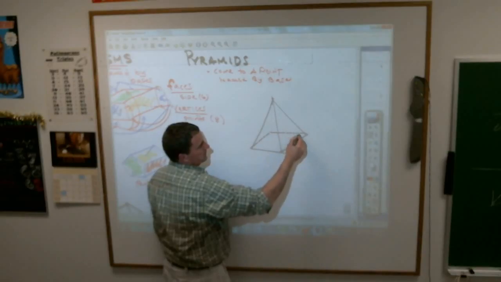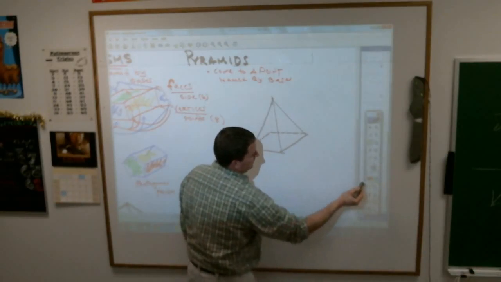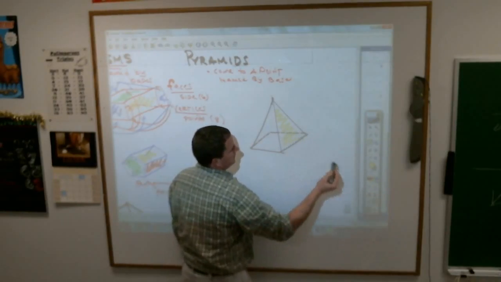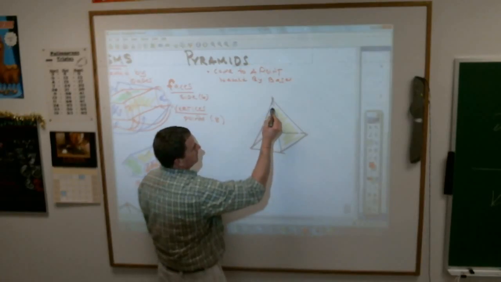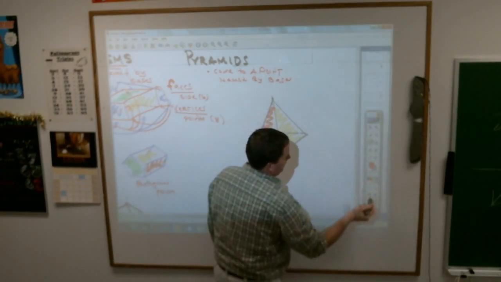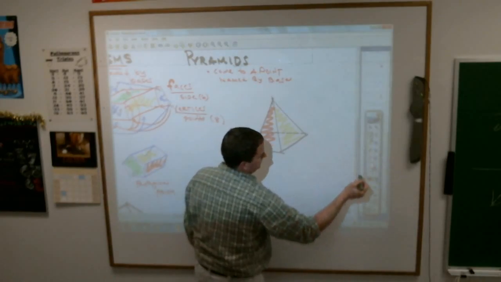Dashes over here. And if you like to do a little shading, the name of this would be a square pyramid.